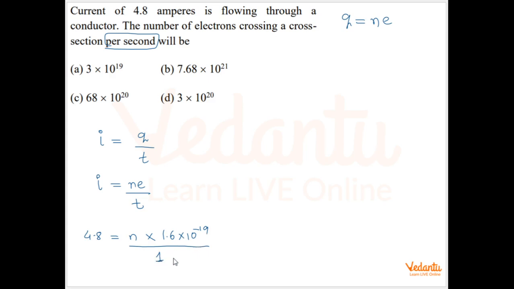From this, n will become 4.8 by 1.6 into 10 raised to the power 19, which will become 3 into 10 raised to the power 19. So option A is the correct answer.